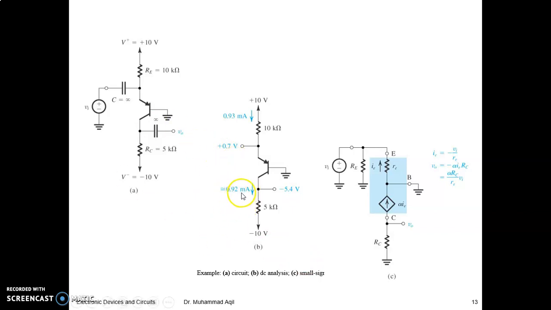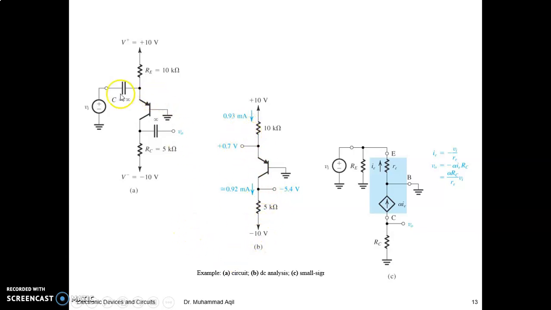They use alpha, that's why the collector current is slightly different from the emitter current, right? So now if you have this current, you can multiply it with this resistor, right? So this will be the voltage here, and when you add this voltage with this one, you get this voltage as minus 5 point something. Please compute it yourself, right? So all the terminal voltages and currents have been found.